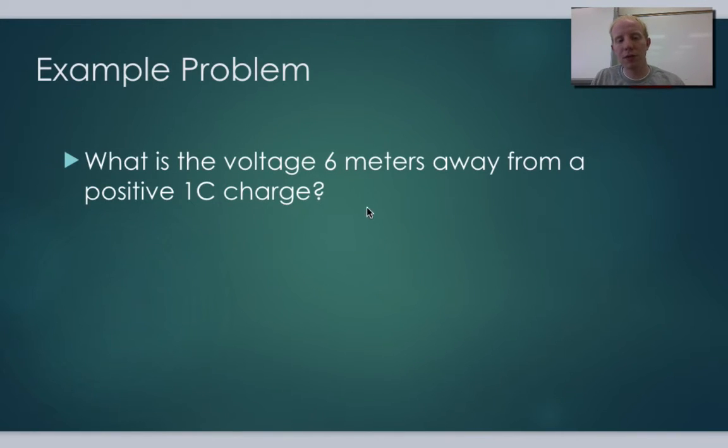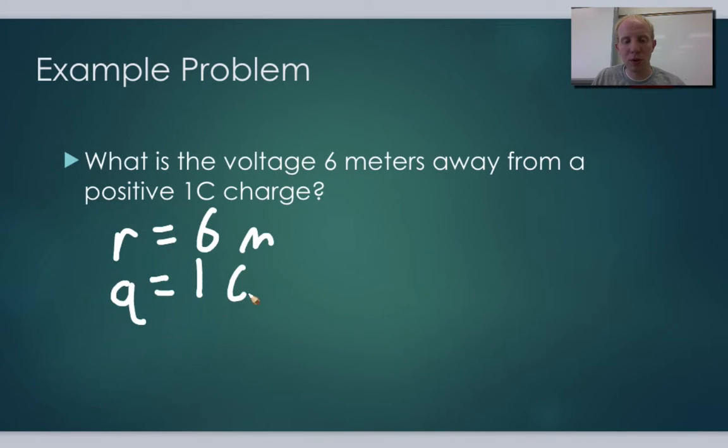What is the voltage 6 meters away from a positive 1 coulomb charge? Or basically, what's the potential energy difference between the charge and a distance 6 meters away from it? We know the distance, R, is 6 meters, and the charge, Q, is 1 coulomb.